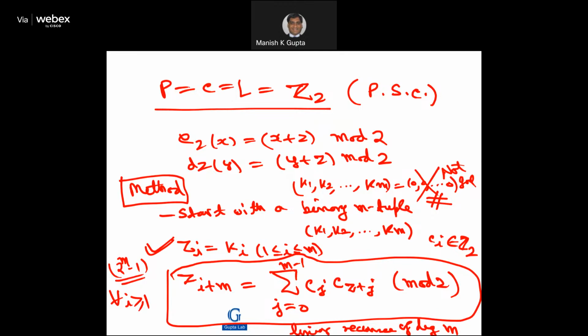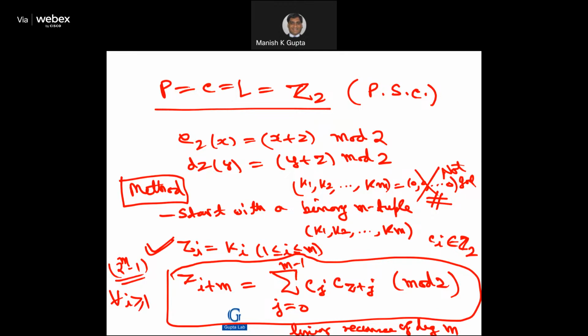So what do we do? For simplicity, we assume that we are working in binary, Z2. The plaintext, ciphertext, and the key stream are all binary, and we are looking at a periodic synchronous cipher. The encryption rule is x plus z mod 2 and the decryption rule is y plus z mod 2.